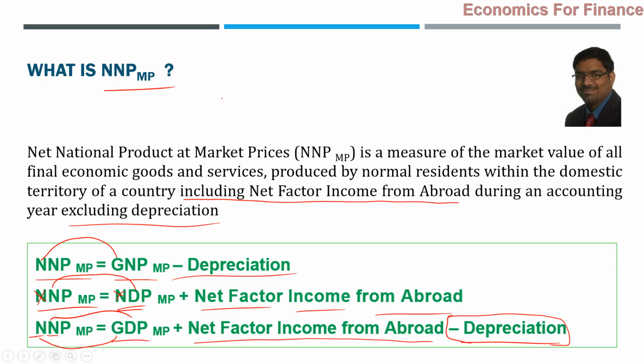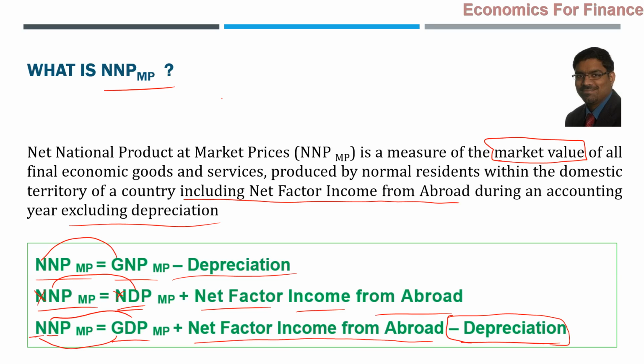All of them are calculated at market value. For all the definitions, this word is common. So when you say GDP MP, or GNP MP, NDP MP, NNP MP, we clearly indicate they are at market prices, prevailing in that year for which these indicators are calculated.